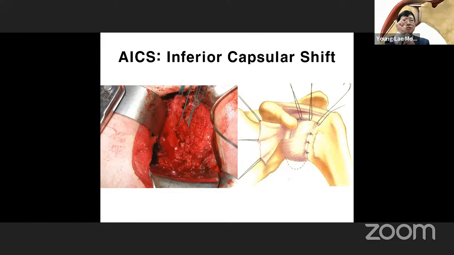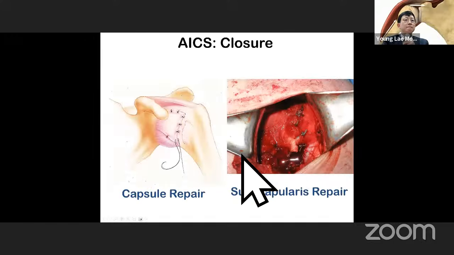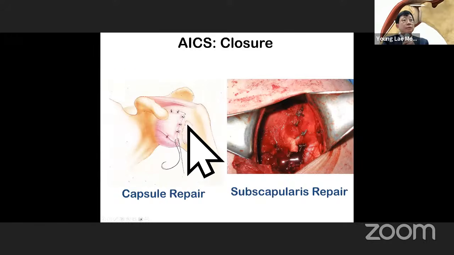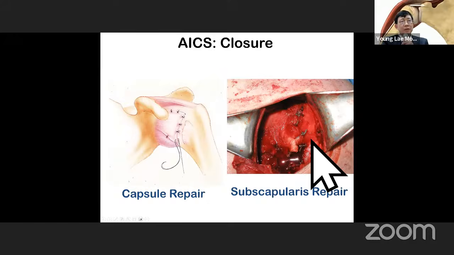That is enough remnant for repairing the medial and lateral ligament and capsule there. From here to the humeral attachment is 1 centimeter between the capsular cut place. Finally, we apply the subscapularis repair.